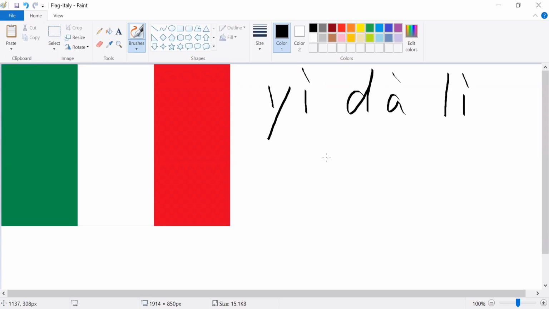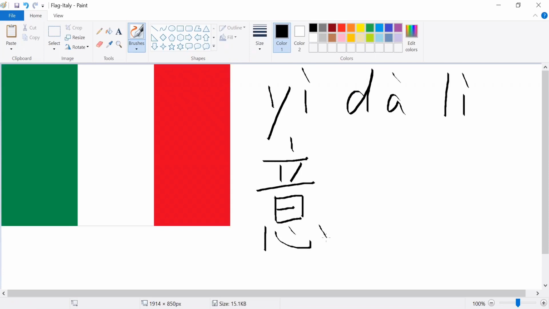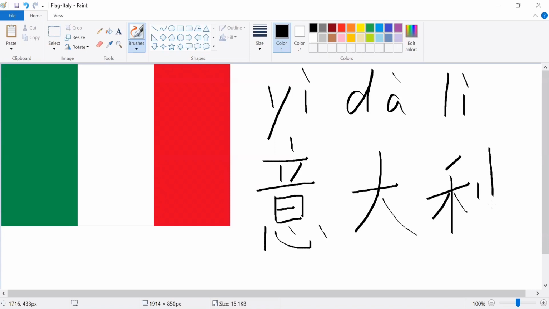Okay, so we also find the character that has each sound. So this character has a sound E, the 4th falling tone. And then Da, we choose this character, and Li is this character.